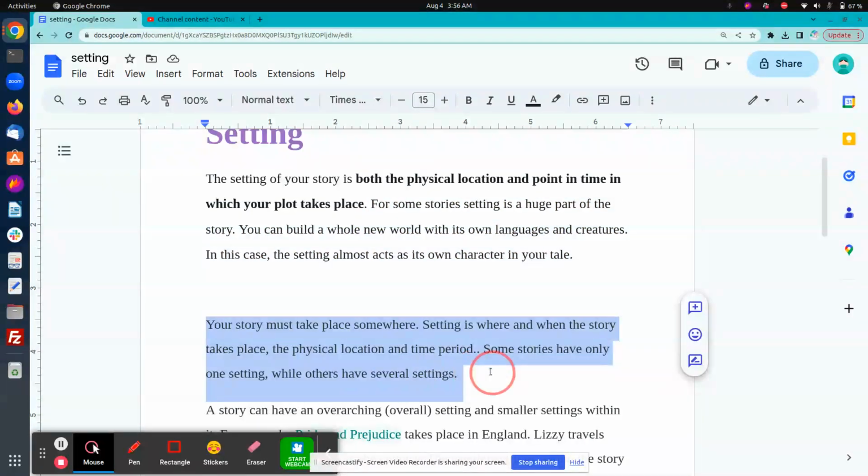Your story must take place somewhere. Setting is where and when the story takes place, the physical location and time period. Some stories have only one setting, while others have several settings. For example, one story is just happening near the hospital.